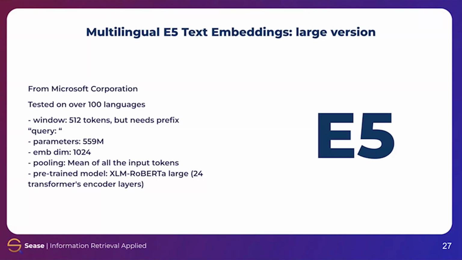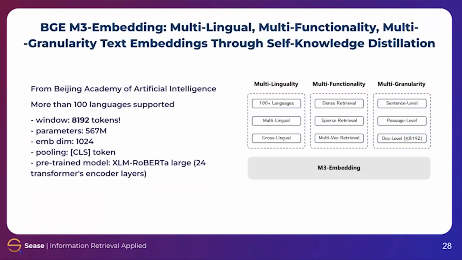RoBERTa is not like that, so the masking is done differently every time on the epochs. And XLM is basically the addition during training of cross-language corpora aligned for translation, and they also used that kind of data set to train this kind of model.